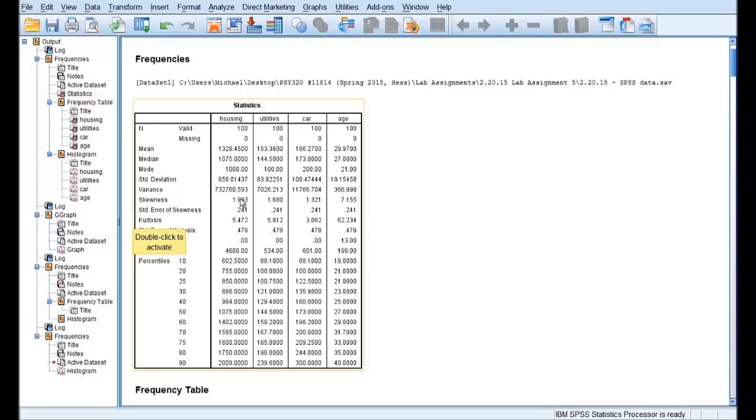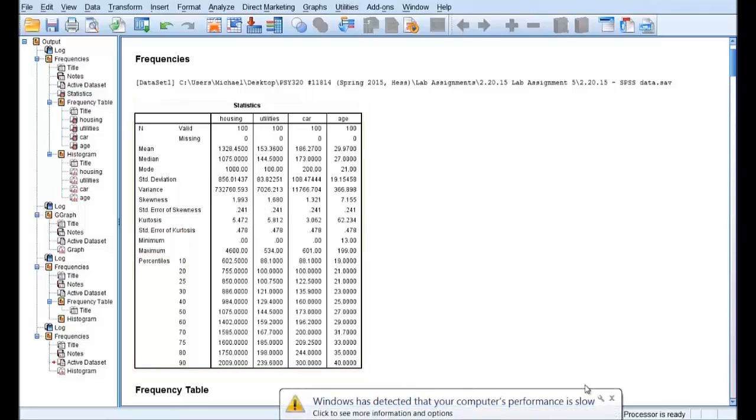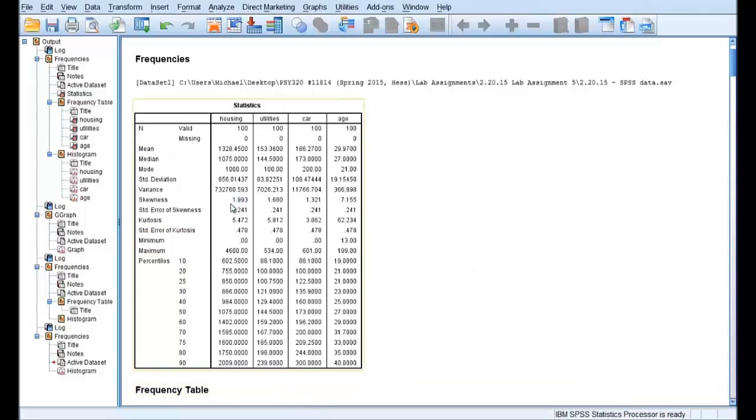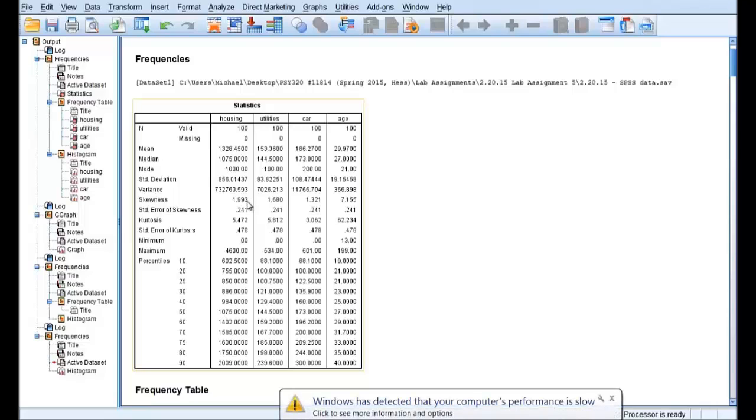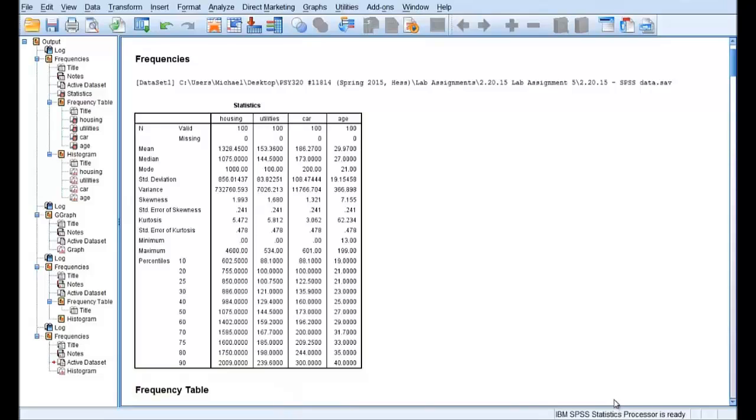So for our first housing variable, you notice that the skewness was about 1.993. That's approximately how many standard deviations our variable is skewed. But in order to get a real picture of what the skewness is, you need to take this skewness value of 1.993, and divide it by the standard error of skewness. So we're going to take 1.993 and divide it by our standard error.